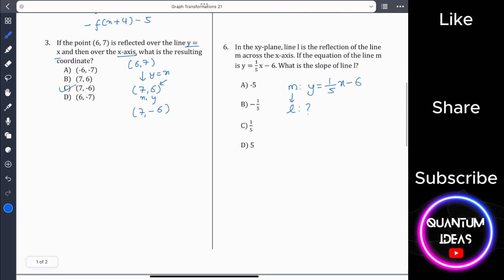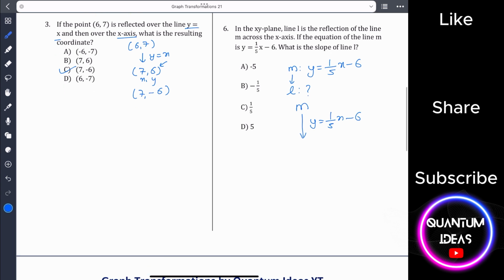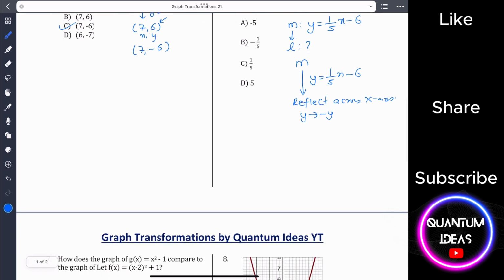So when we take the line M, that is y equals 1 by 5 x minus 6, and we have to reflect across the x-axis, we have to replace y with minus y. That means you take this function and just multiply by a negative, and you will get the answer.